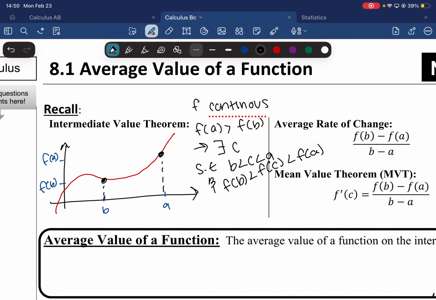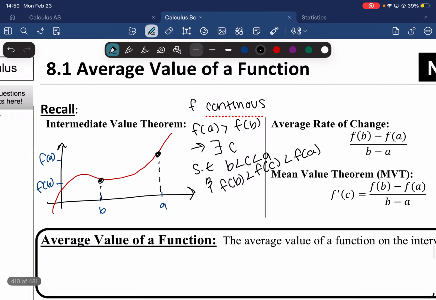So pretty much on this continuous function between b and a, there's going to exist some point c. We know that because it's a continuous function, there are no discontinuities between those 2 points.